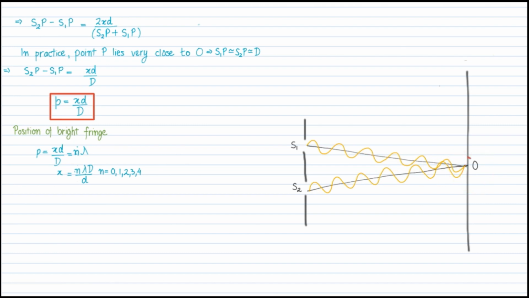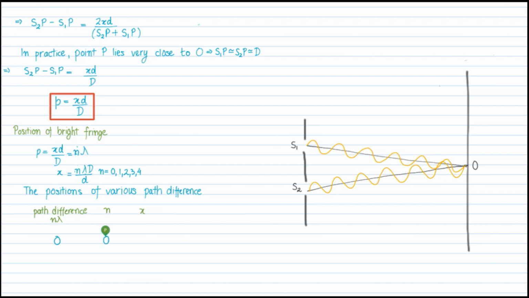In this case, how much is the path difference? The path difference is 0. The light coming from S1 and the light coming from S2 travel the same path. So let's make a table. For the first case, the path difference is 0. If the path difference is 0, how much is the value of n? n is 0.